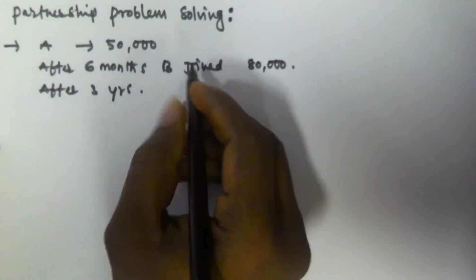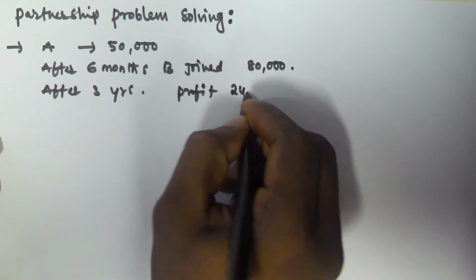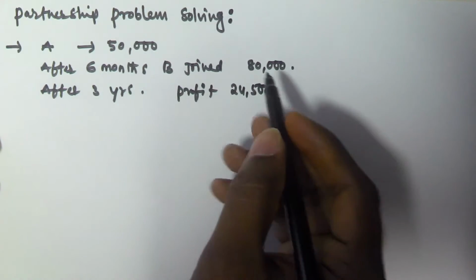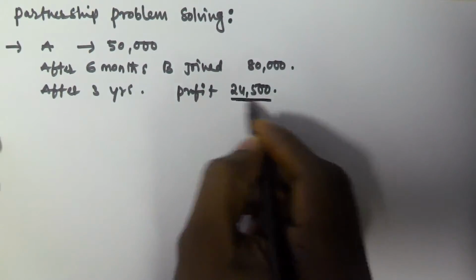After 3 years, they earned a profit of 24,500. Now find the share of profit of A and B.